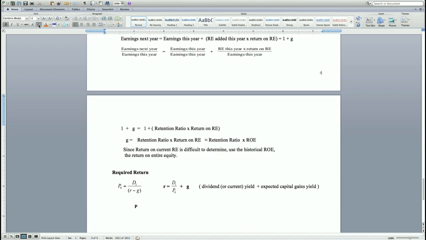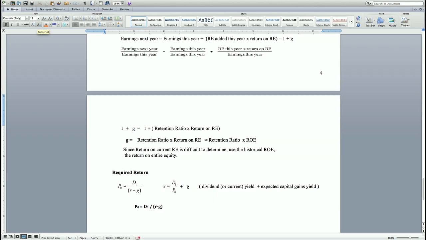P0 equals D1 over R minus G. That's the formula.